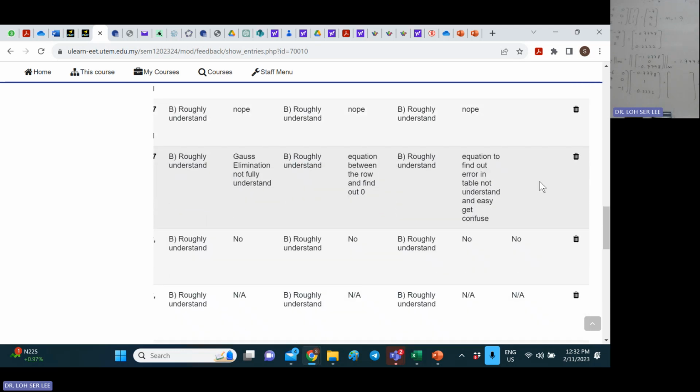Okay, and we will have one mathematics competency test. That test does not carry any marks for your assessment.